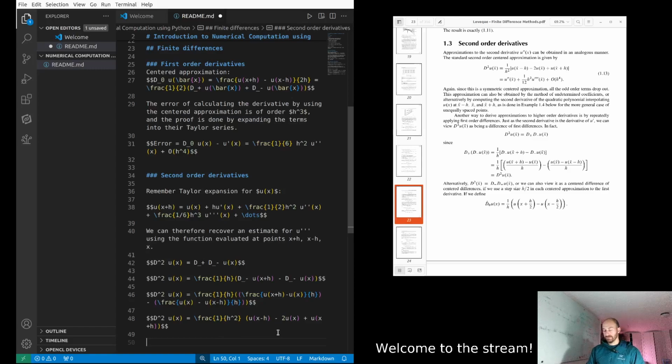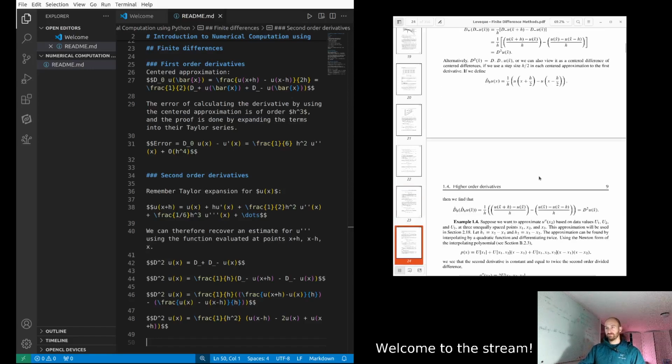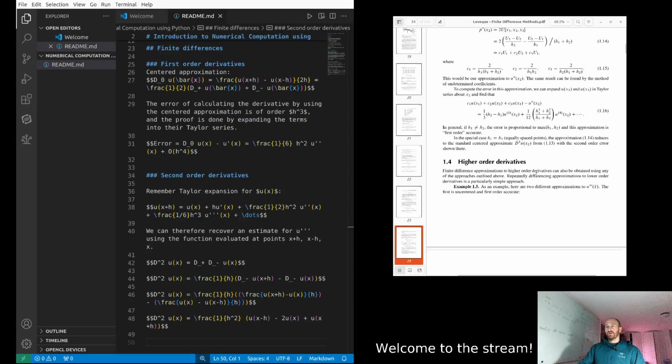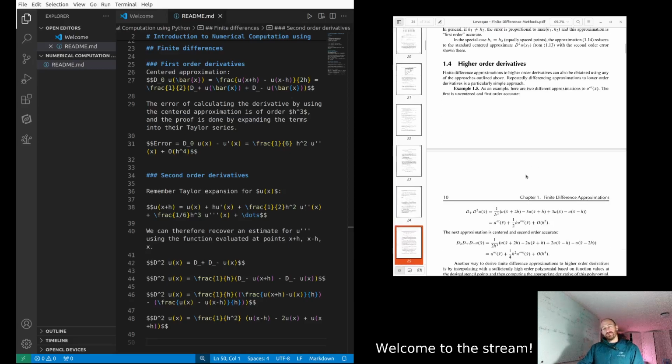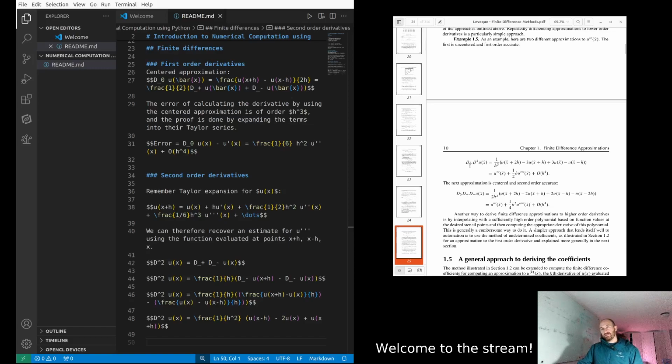derivative of second order. But now notice it uses 3 points, right? So our best evaluation before used 2 points. For the second derivative, we need to use 3 points. So for higher order derivatives, you can keep stacking these D pluses and D minuses, and I think that can help.